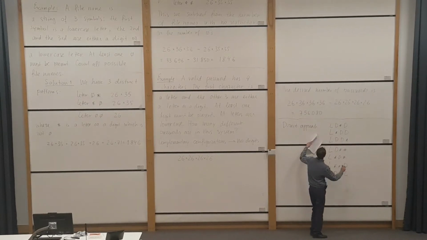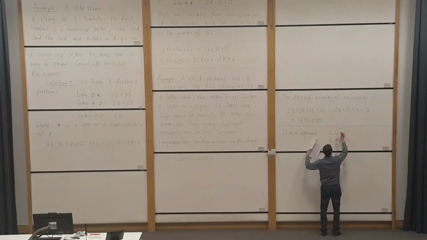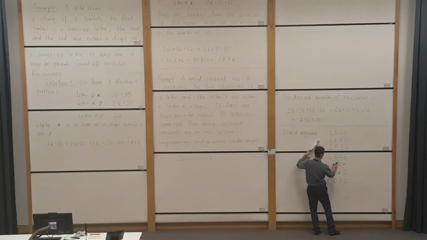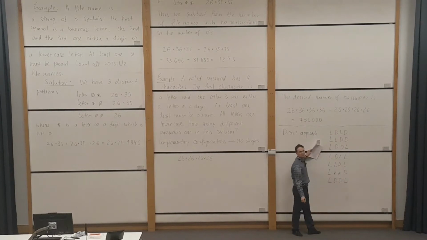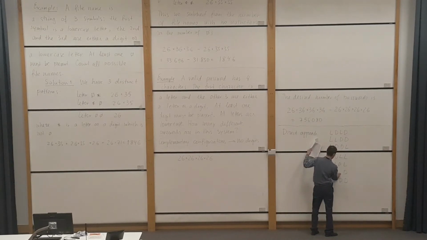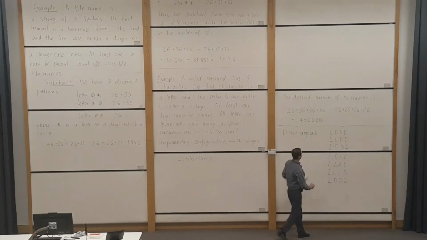I got confused myself, and possibly confused you as well, because we had stars in the previous problem where we just cared about zeros. Here we care about the digits. So they're only letters or digits, L or D. All right?